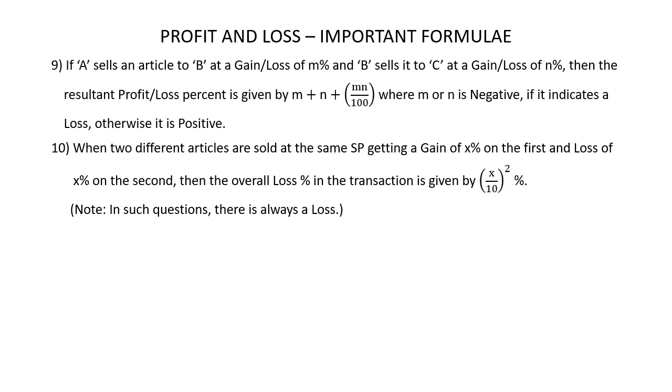Now observe here that two different articles are sold at the same selling price, and the gain percent in the first transaction and the loss percent in the second transaction is the same. In such a case, the overall loss percent in the transaction is given by (X by 10) the whole squared percent. Remember that in such questions there is always a loss.